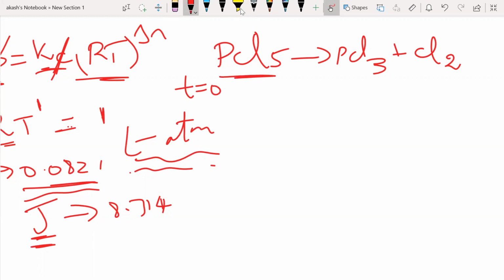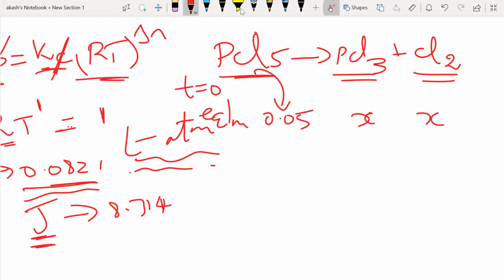I mean, how much did you introduce? I don't know, right? So I cannot do the equilibrium table properly, but I can directly go to equilibrium, and they have told me that the equilibrium concentration of PCl5 is 0.05, right? Now I can say for sure that the concentrations of PCl3 and Cl2 are going to be the same. That comes from the stoichiometry. I can just keep it as x and x. I don't know what the concentrations are, but the number of moles of these will be the same, and the volume is the same because they're all in the same vessel. So this has x, this also will have x, right?